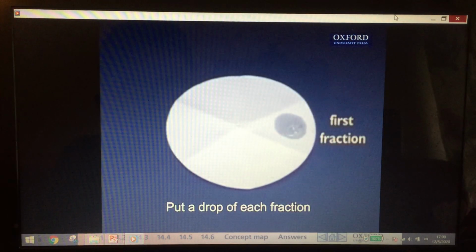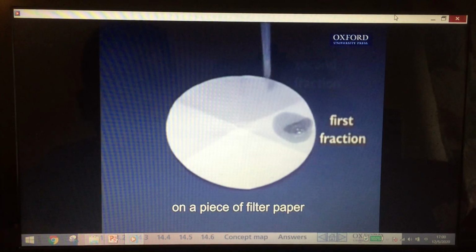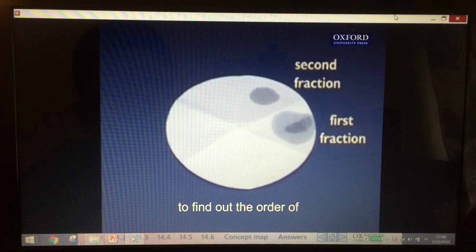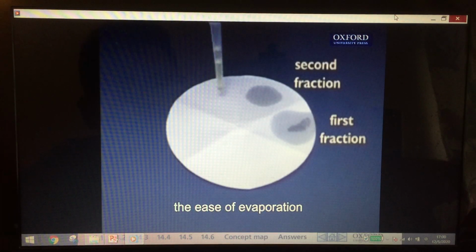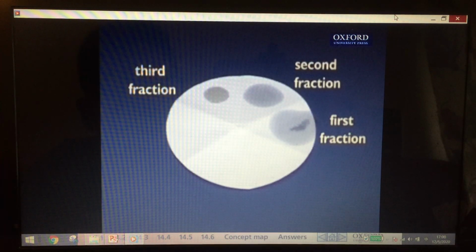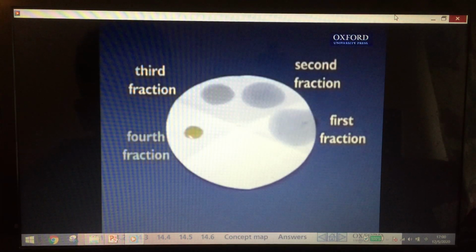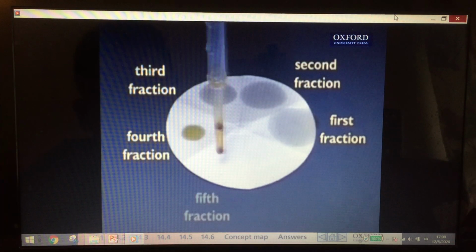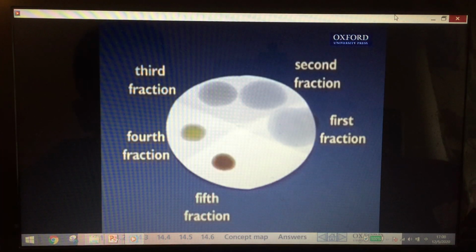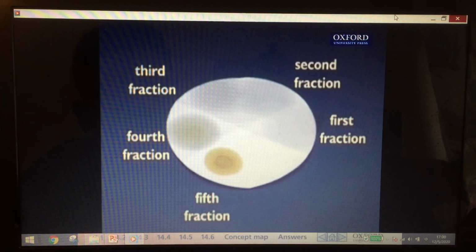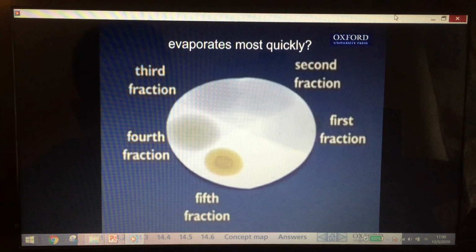Put a drop of each fraction on a piece of filter paper to find out the order of the ease of evaporation. Which fraction evaporates most quickly?